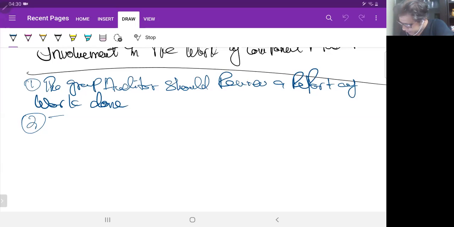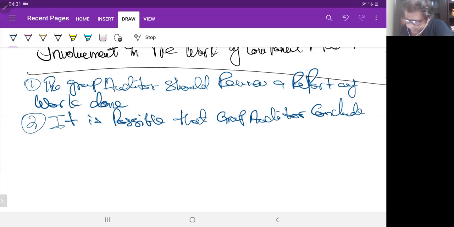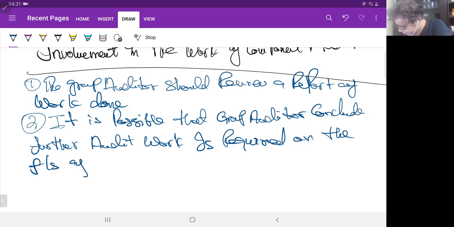So it is possible that the group auditor concludes further audit work is required on the financial statements of components.